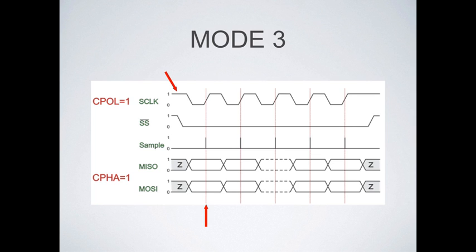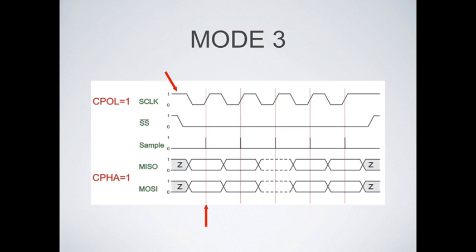If we were to change the phase to 0, then it would be sampling data on the leading edge, and it would be one peak to the left, along this edge here.